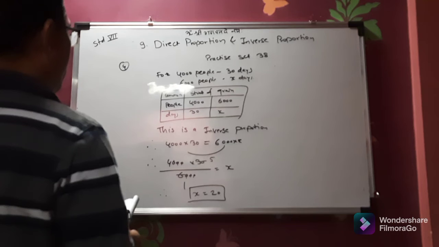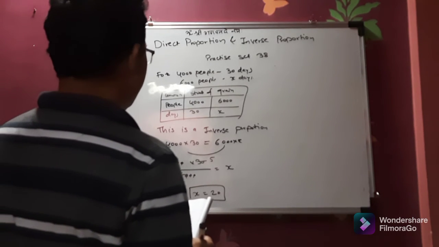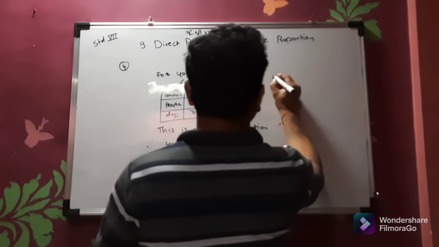So the stock of grain for 6,000 people will last for 20 days. So how will we write the answer?